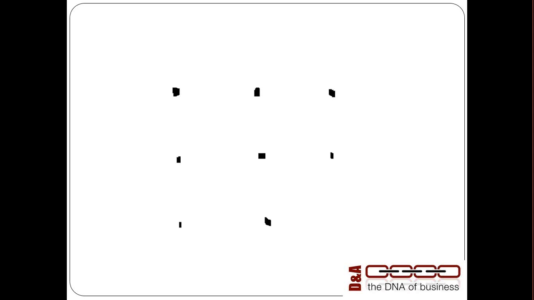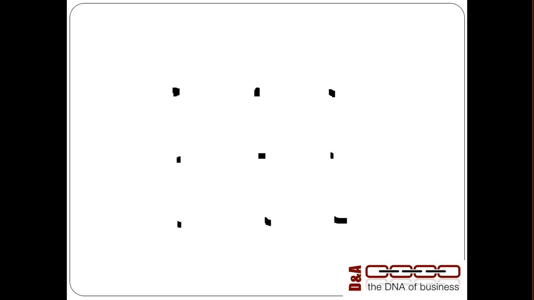Then what I want you to do is to start anywhere on any one of the 9 dots and start drawing a straight line, it must be a straight line, through the dots without taking your pen or pencil off the paper and without going back over any of the lines.